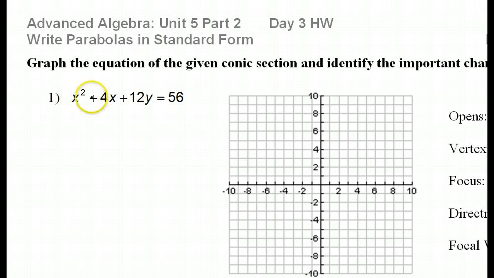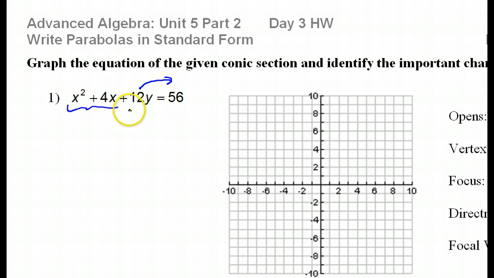Alright, if I want to rewrite this in standard form with the parentheses and everything, focus on this, okay? Look at the variable that's squared. That's the x. Alright, that lets me know that this is what I want on the left side of the equation. Everything else needs to go on the right hand side.